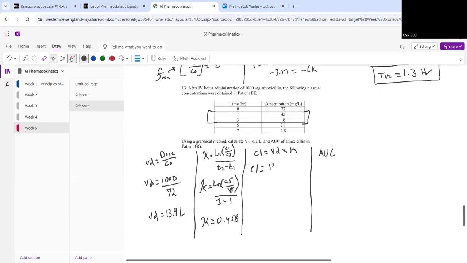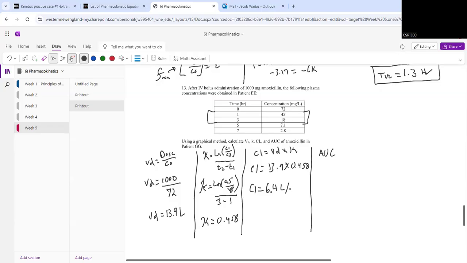And there's an AUC equation too. There's a simple AUC equation on the sheet, so use that one. In the answer key, he uses the trapezoidal method, but he said trapezoidal is not going to be on the exam. If he asks conceptually why in theory you would use it, it's just because it's more accurate.